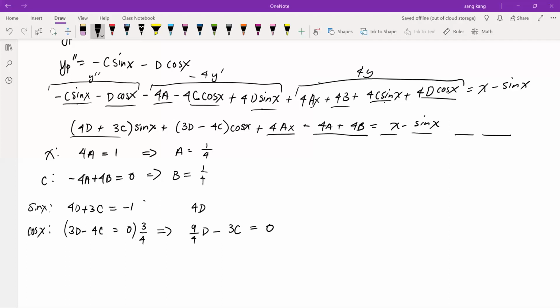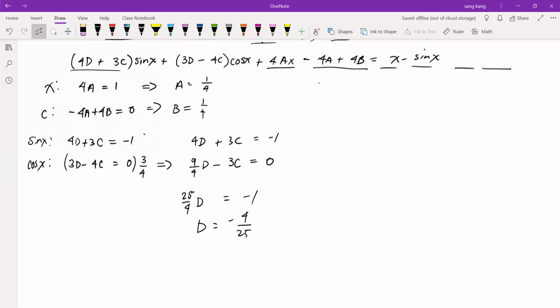So when I sum these two equations up, we'll get 4 and 9/4 d equals -1. What is 4 and 9/4? 16, 25/4. This is 25/4. So d is going to equal -4/25.